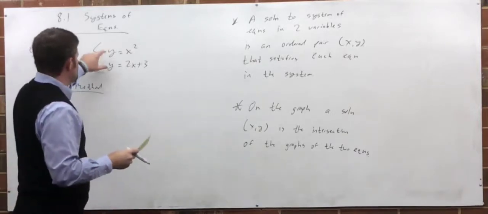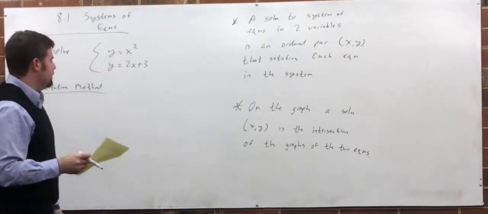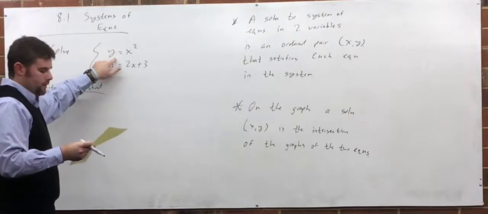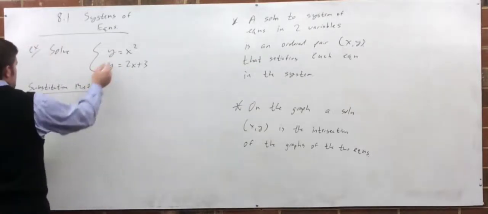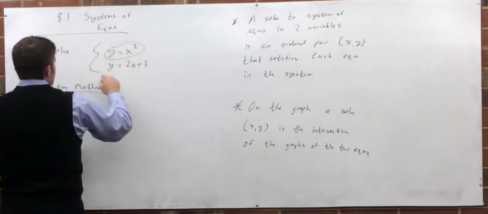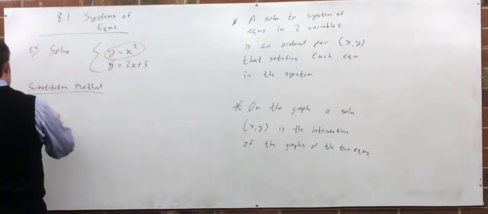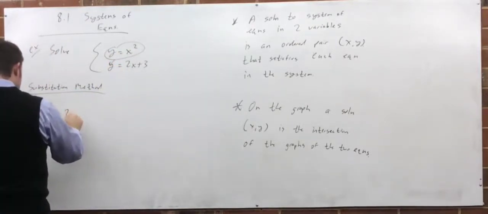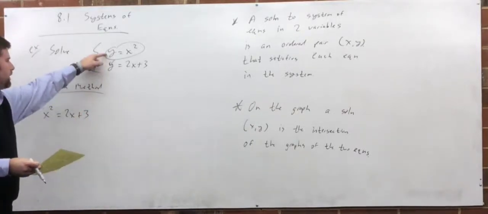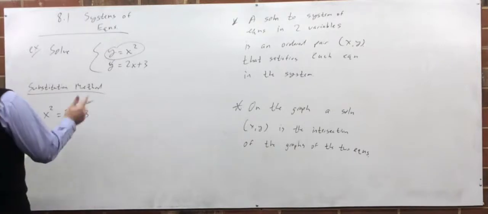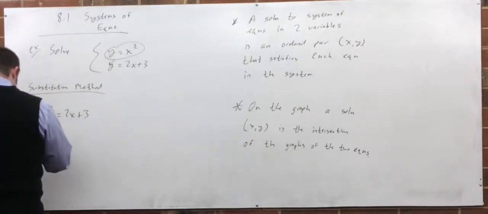That method says we're going to solve one of these equations for a variable, which is already done for us, and then work our way backwards from there. So I'm going to plug y equals x squared into this y right here. So we're going to say x squared equals 2x plus 3. And now we've gone from two variables to a single variable, and you know what to do from there.